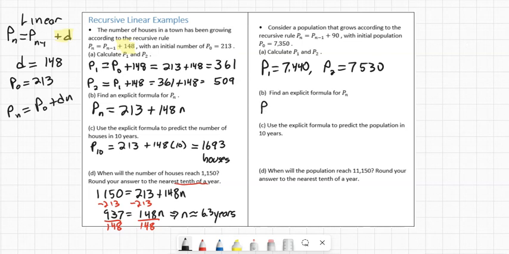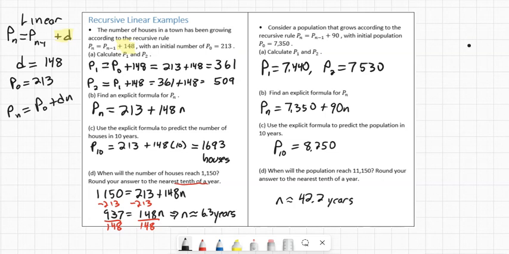Explicit formula, P sub n equals 7,350 plus 90n. For part C, P sub 10 equals 8,250. And for part D, n is approximately 42.2 years.